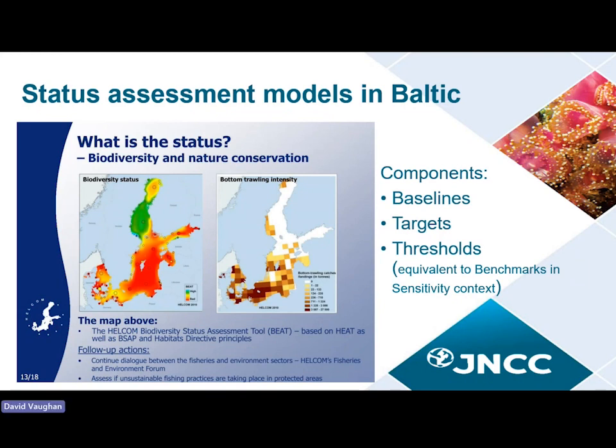I think that's equivalent, and Johnny, correct me if I'm wrong, to the benchmarks in the sensitivity context. And then a target, which is quite often a policy target, so that you're saying we want 50% of our seabed to be in good condition, which you can only really determine when you've got some sense of what the condition is at the moment. So they use it for the Baltic states.